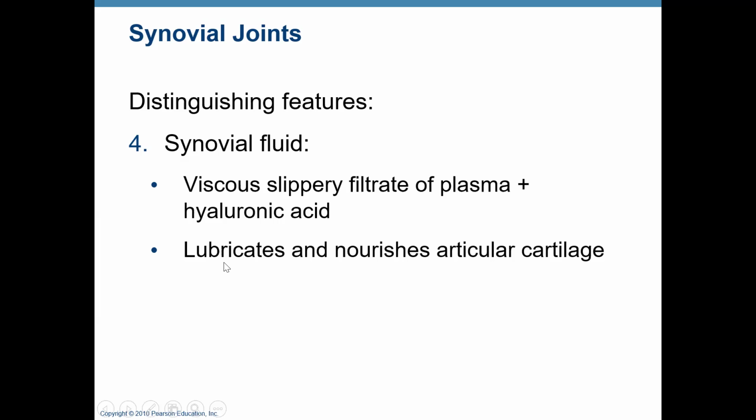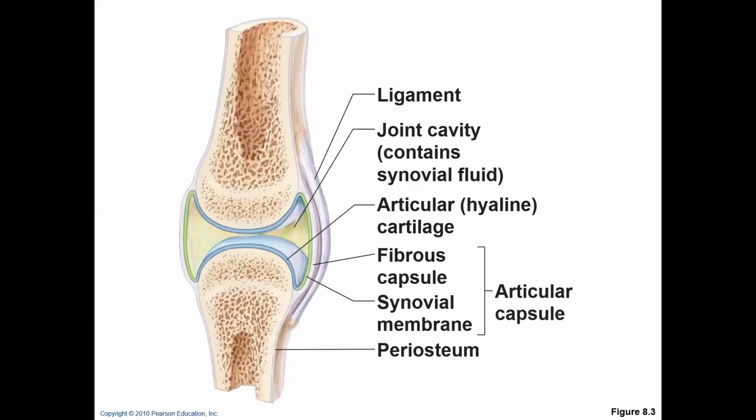And there are capillaries in the synovial membrane that provide oxygen and nutrients to the cartilage. If you can recollect, cartilage is avascular. There are no blood vessels, so it has to get its oxygen and nutrients from surrounding tissues where there are blood vessels. So we're looking at a synovial joint where you can see in the middle is the joint cavity, and around the end of the long bone is hyaline cartilage.